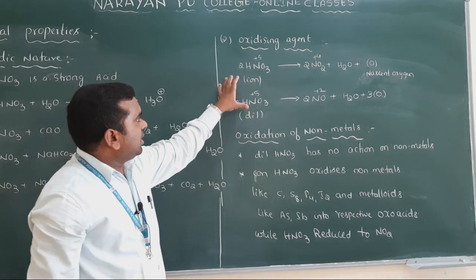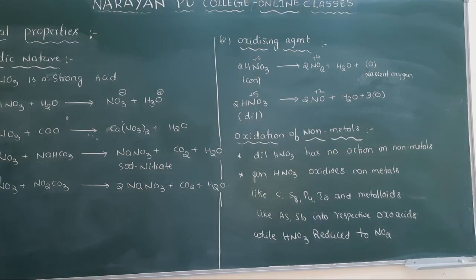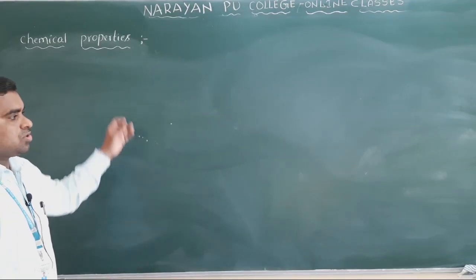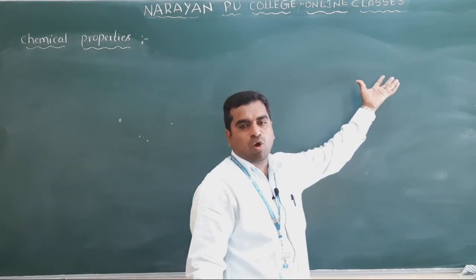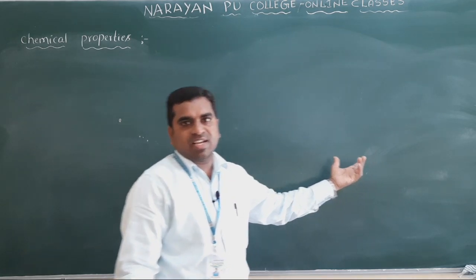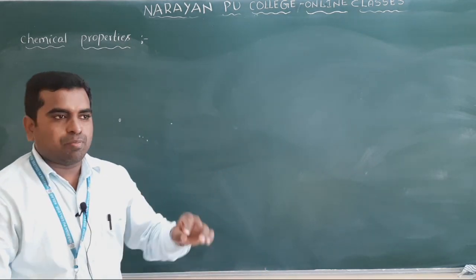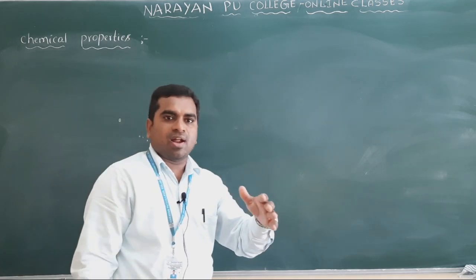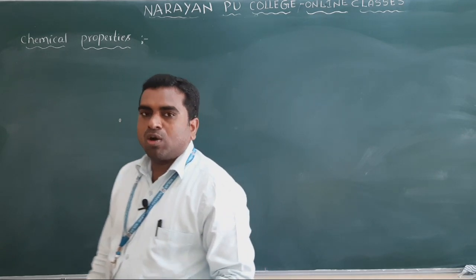So this is about the oxidizing. I mentioned how HNO3 acts as a powerful oxidizing agent, and we are discussing the oxidation of non-metals. Mostly non-metals and metalloids are oxidized by HNO3 and give respective oxo acids.